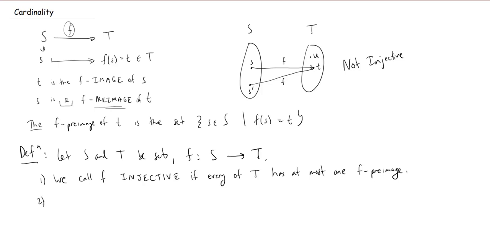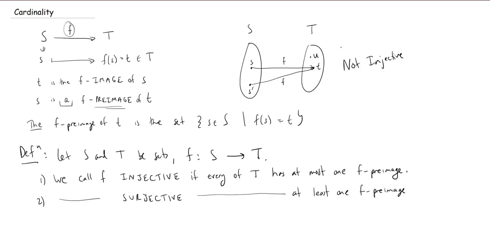All right. The second definition, well, we're going to call f surjective. And again, you might have heard onto, which I might say more often. I won't say one-to-one, but I might say onto, but surjective is the official term here. If every element of T has at least one f preimage.